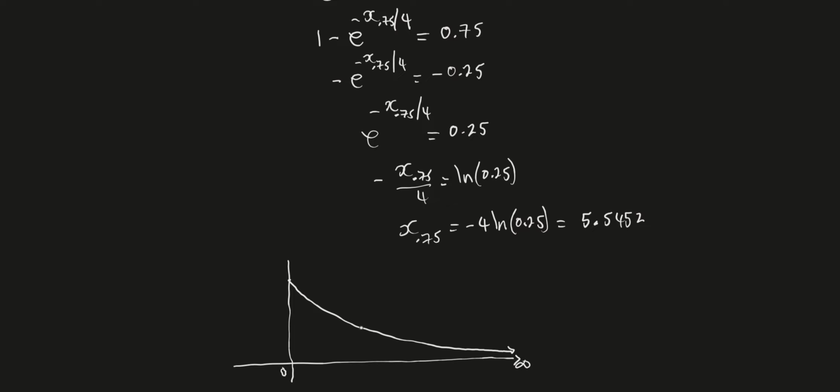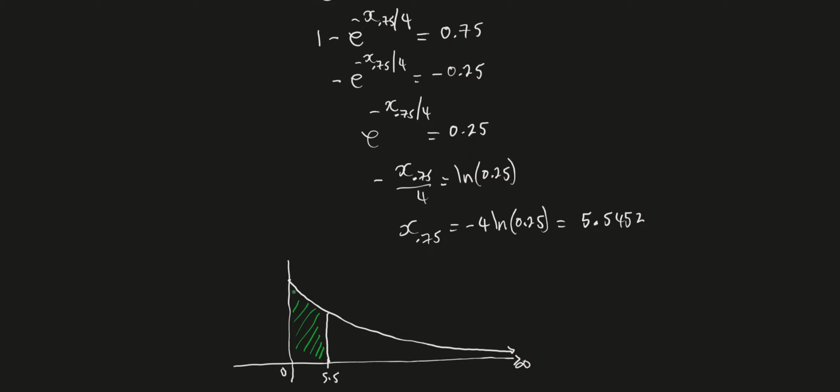What we're saying is the number roughly 5.5 has 75% of the distribution to the left of it. Remember, that's what the percentile is. So the probability that my random variable is less than this number is approximately 0.75.